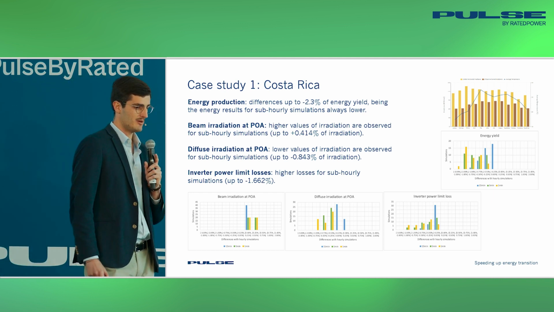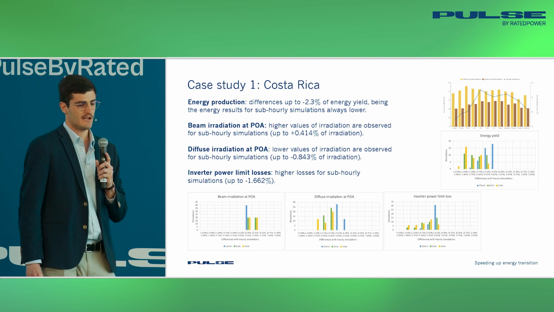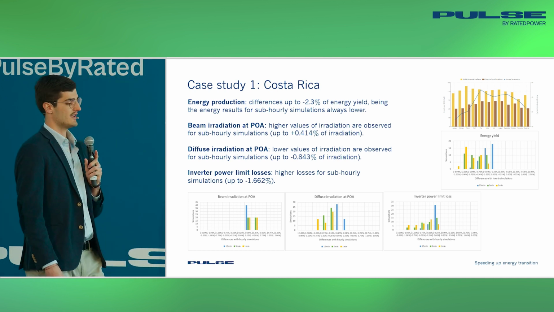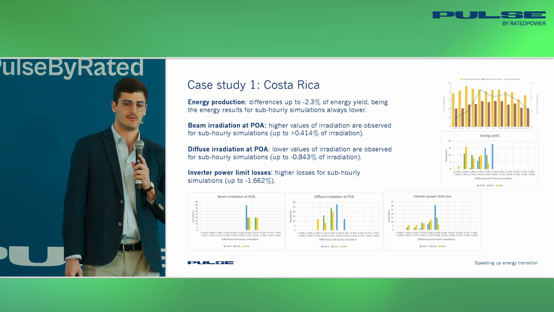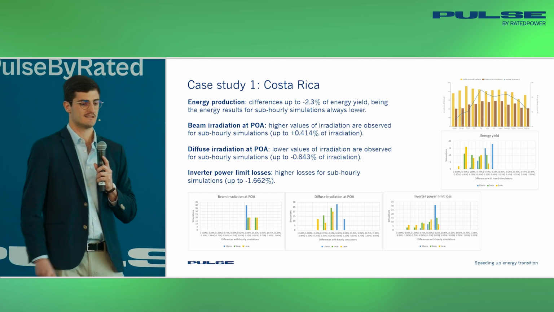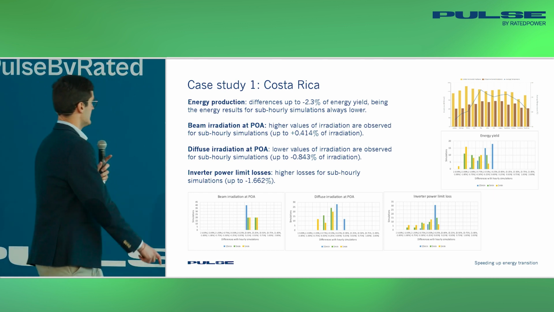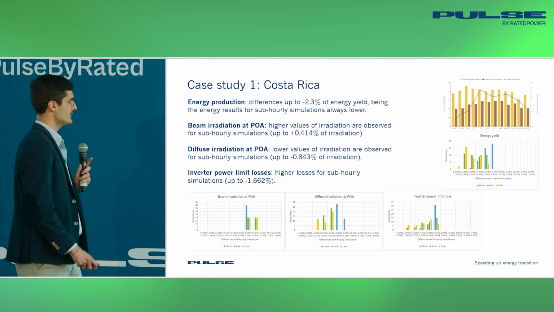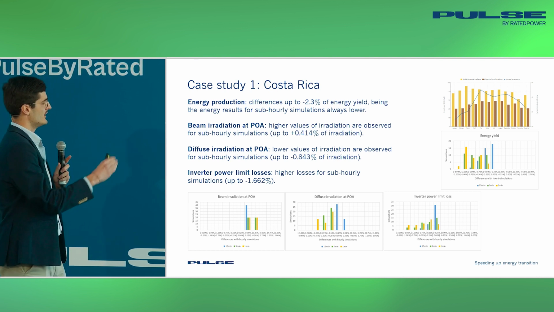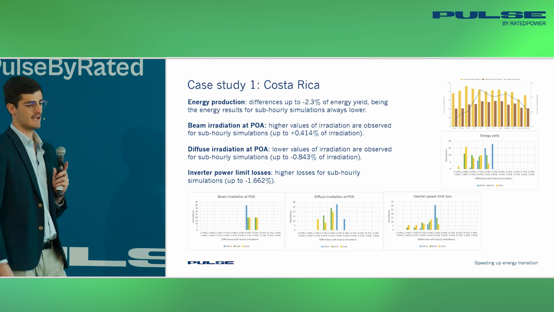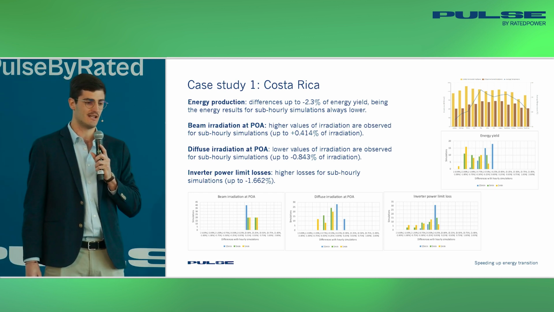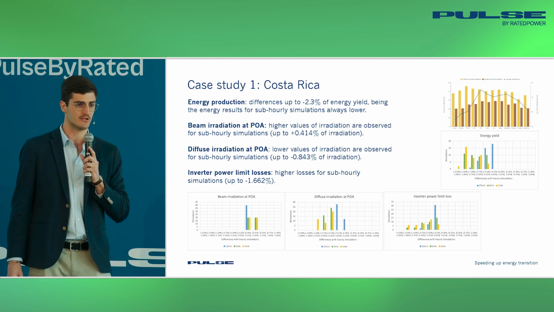So for the beam irradiation, we observed that always for sub-hourly simulations, in this case, there were differences up to 0.4%. Here we can see the graph, again the same distribution as before, but now all the simulations were on the positive side of the graph, which means that we had lower irradiation for sub-hourly simulations.